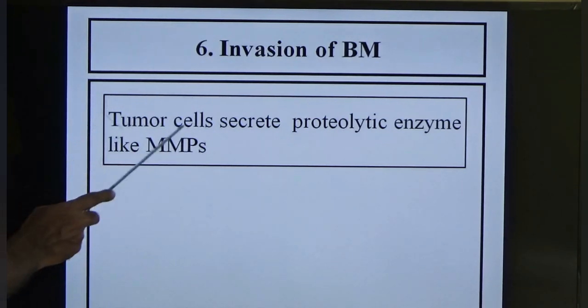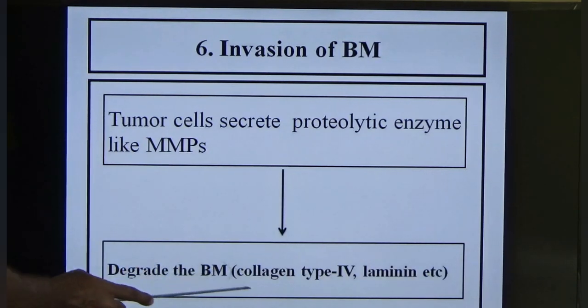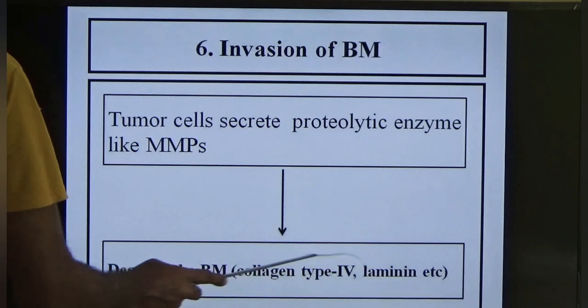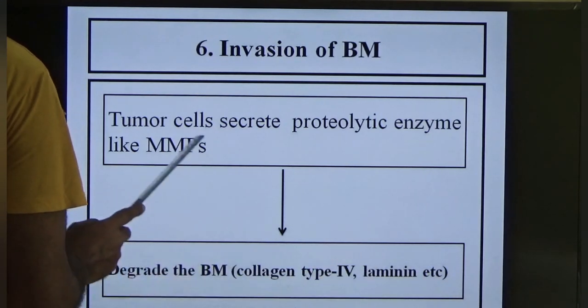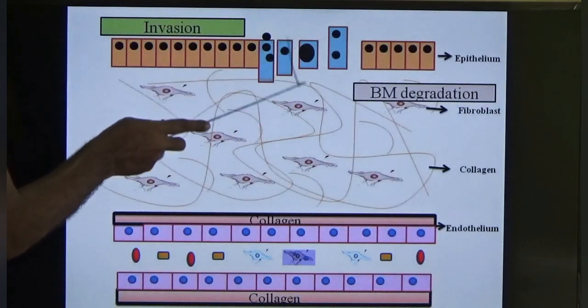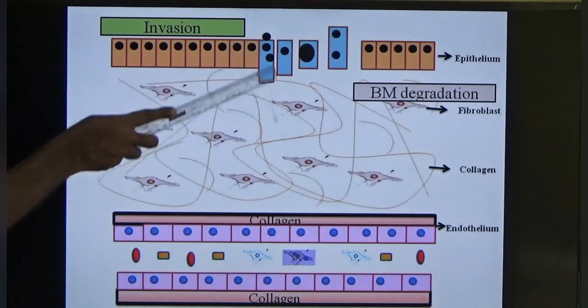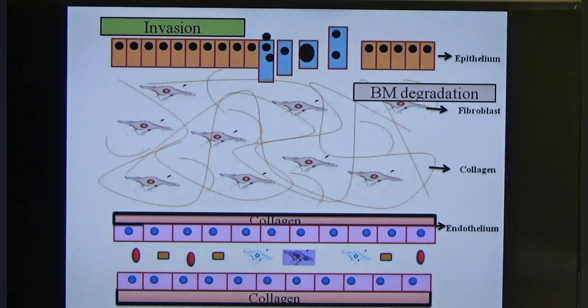The tumor cell will secrete the MMP that degrades the basement membrane. How? The basement membrane is made up of collagen 4 and laminin. So this will be degraded by the MMPs, and the tumor cells just invade the other part of the same tissues. This is known as basement membrane degradation.